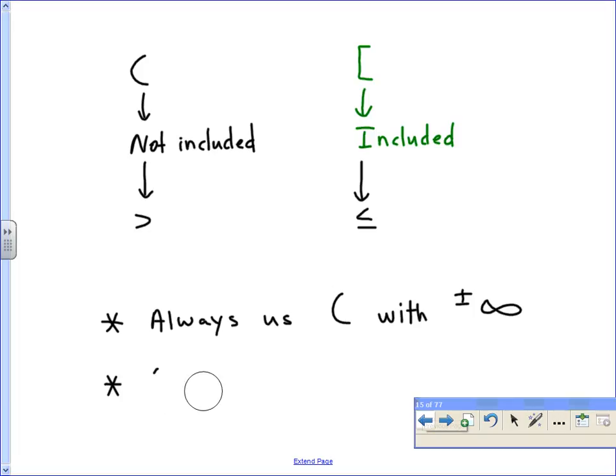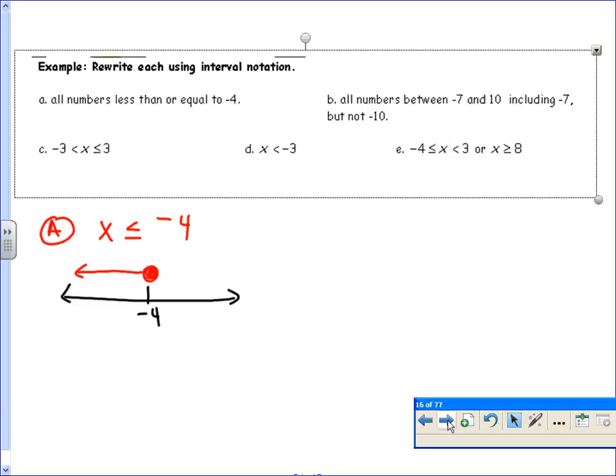So when you use interval notation, you're always going to put the small number on the left, and then you're going to put the large number on the right side. And this doesn't have to be bracket on the right and parenthesis on the left. That's just an example here. So now that we know small number on the left, large number on the right, then we can go back to our example over here and decide what we need to do.